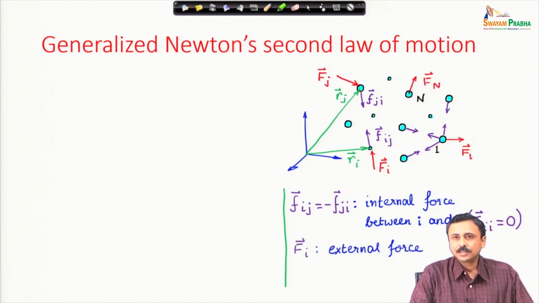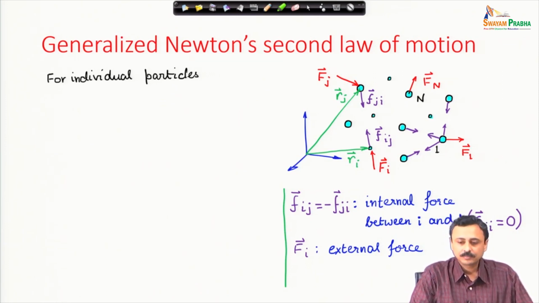We then consider external forces indicated by capital F. On the ith particle it is capital F_i vector, on the jth particle capital F_j vector, and so on. Now, for the individual particles we are going to write down Newton's second law.